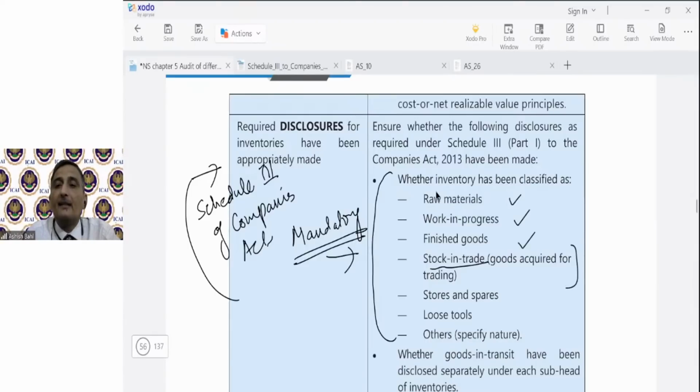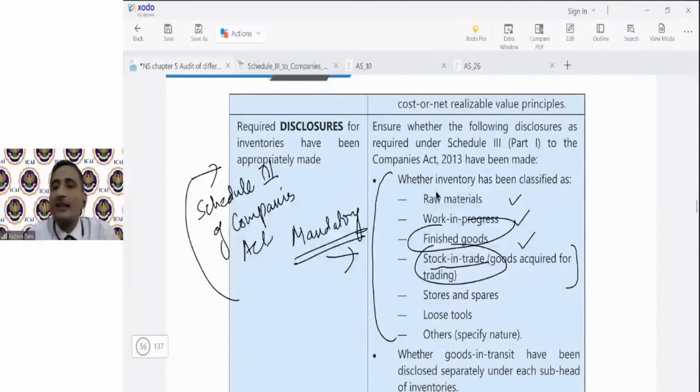What is the difference between finished goods and stock in trade? Stock in trade means the goods held for trading, whereas finished goods mean goods which have become finished because of manufacturing, because these have been converted into finished goods from raw material.